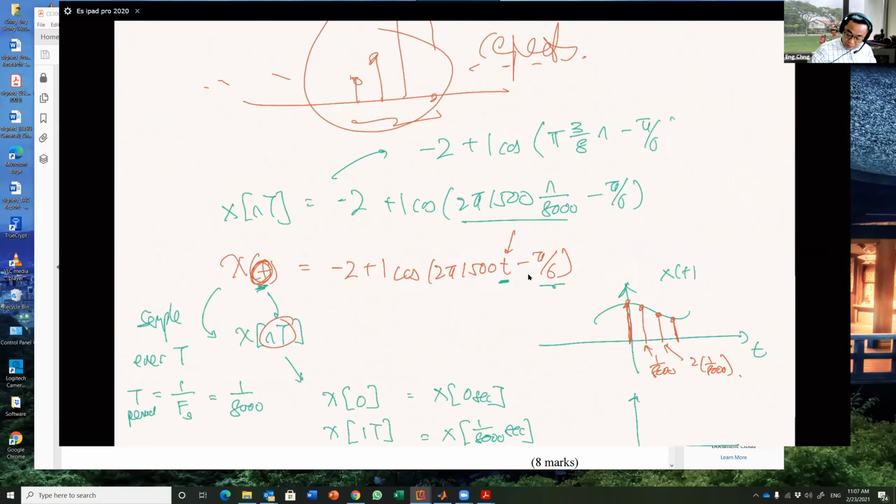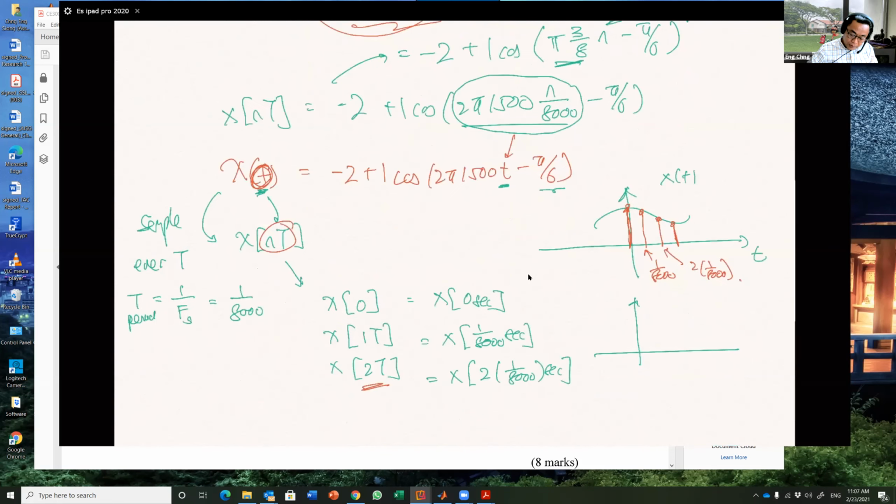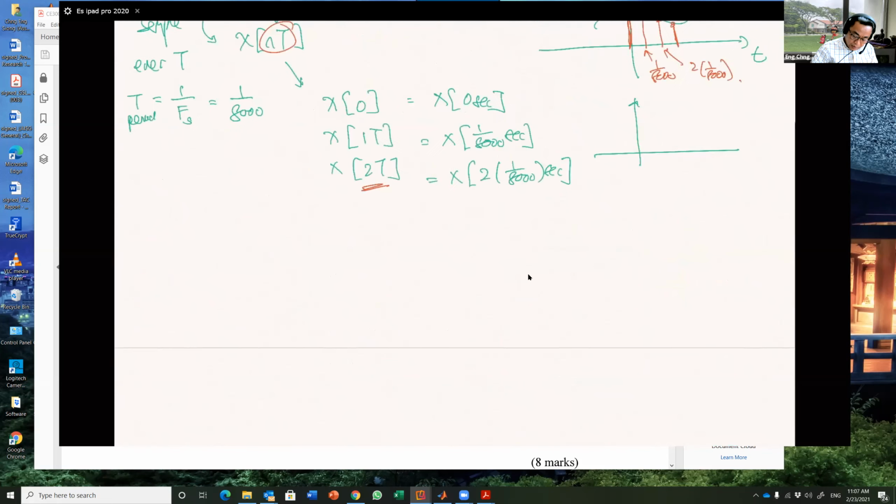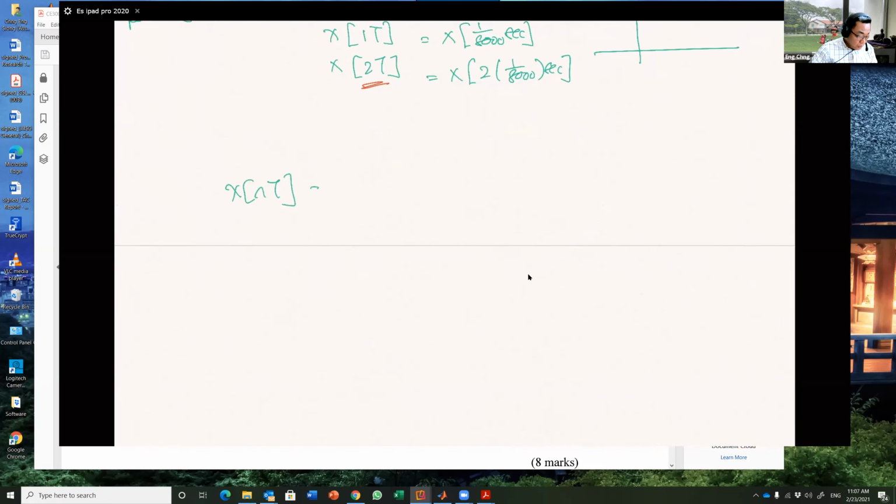Suddenly, from a very complicated looking thing, it reduces to the digital frequency. This is called omega, and omega is radian per sample because the unit is sample. Clear? You must go through this. So x of nt, a 3 marks question, is minus 2 plus 1 cosine 3 of 8 pi n minus pi over 6. Clear?